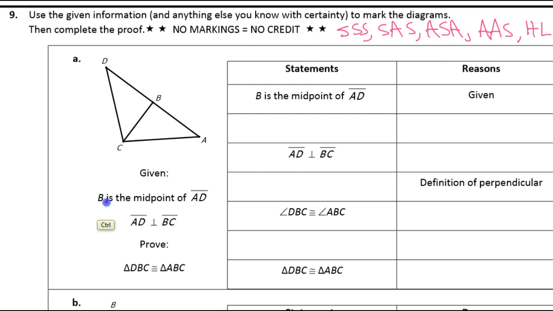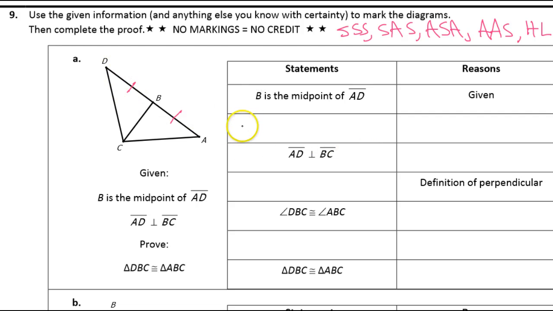So let's see, we're given that B is the midpoint of AD. Because B is the midpoint of AD, that means that BD and AB will be congruent. So we have to record that information on the proof.